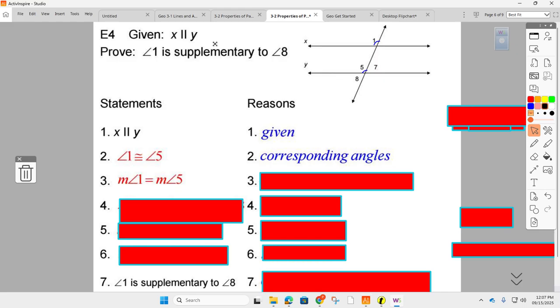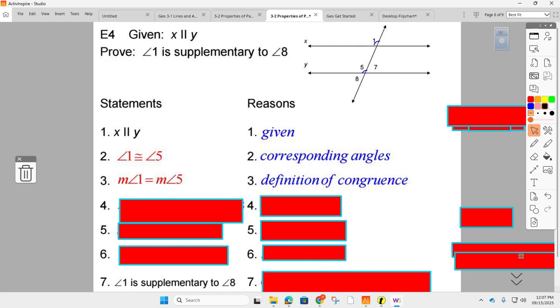If we're talking about the measure of the angles, we can't just talk about angle 1 being congruent to angle 5. We have to convert that thought process to the measure of the angle. So the measure of angle 1 equals the measure of angle 5, and that is the definition of congruence. I let you use substitution on that first test, but we're not going to use that.